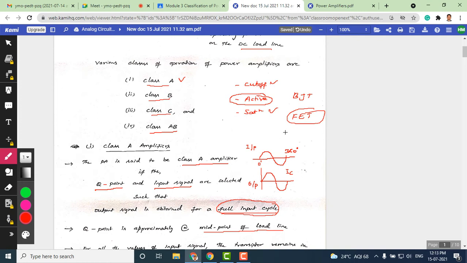If you look at the output characteristics of FET, similar to BJT, you will come across three regions. Cutoff is common even in FET. FET also has a cutoff region, but the other two regions differ. What are the other two regions? No idea?